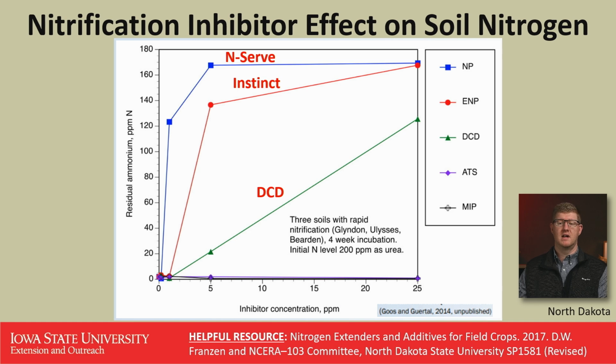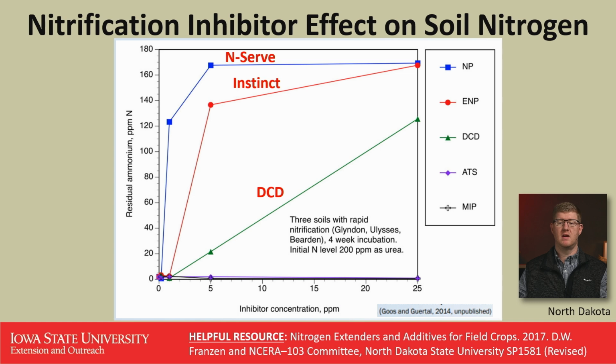So, this next study that we will look at is from North Dakota State University. It was conducted in a lab, and what they were interested in understanding here is how the concentration of the products that we apply affects how well they perform.